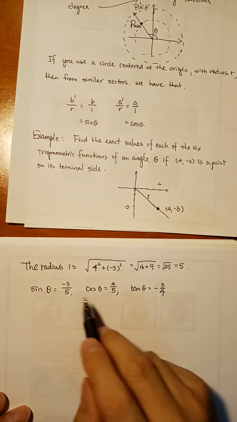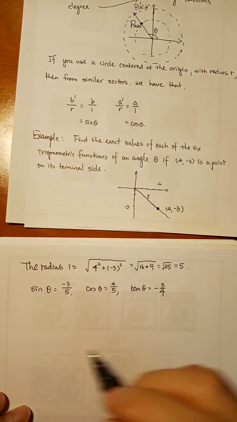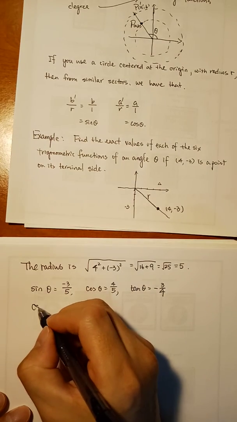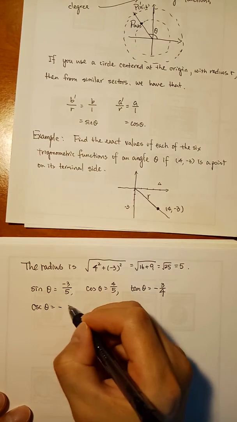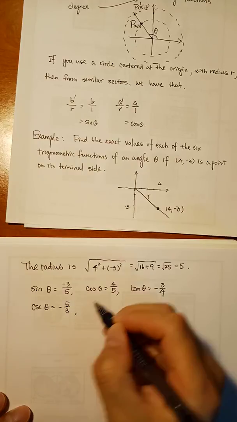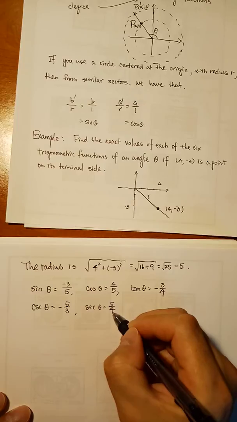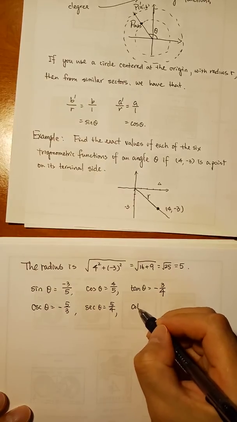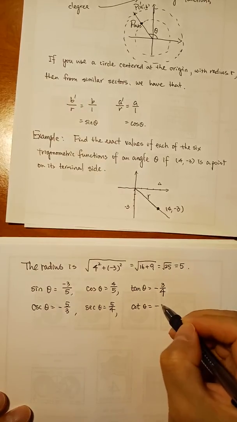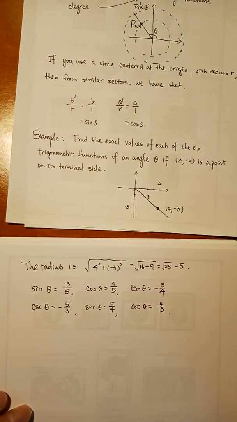Tangent is sine over cosine, which is b over a. And cosecant theta, you flip it, it's -5 over 3. Secant of theta is 5 over 4. Cotangent of theta is -4 over 3. So that's all 6 trigonometric values.